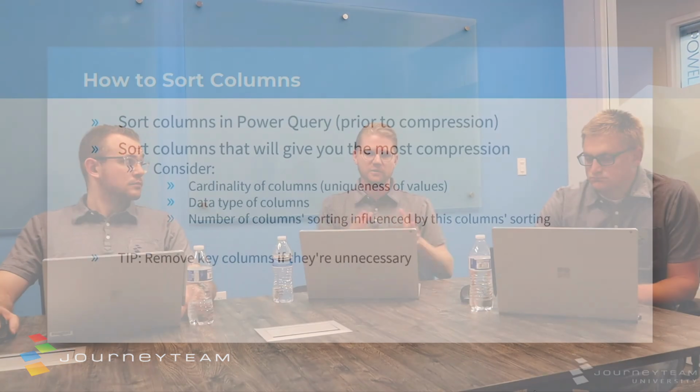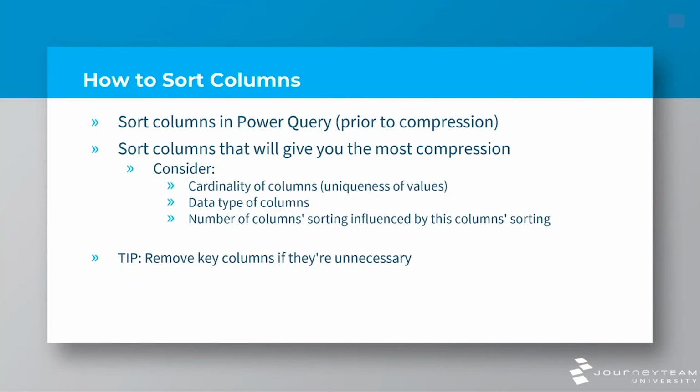And then lastly, consider if some columns naturally sort other columns, right? If you're dealing with categories that have subcategories, you want to think through how sorting by one is going to affect the sorting of the other columns. So you want to start with the ones that are going to influence the most sorting throughout your table. And the final tip is to remove your key columns if you don't need them.